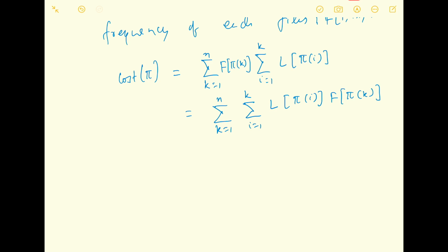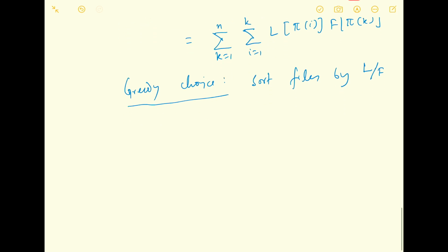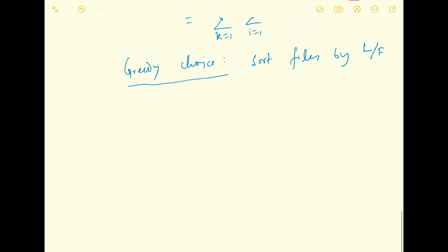Then it turns out that the greedy choice is to sort files by L by F. Arrange the files in non-increasing order of L by F. Again, because this is a heuristic, we need to prove that it is optimal, and that's when the algorithm becomes correct, and we'll be sure that this local greedy choice indeed leads us to an optimal solution. So here is again a theorem.